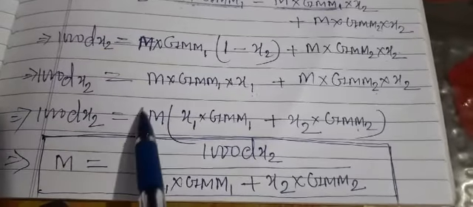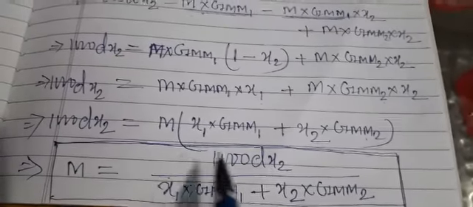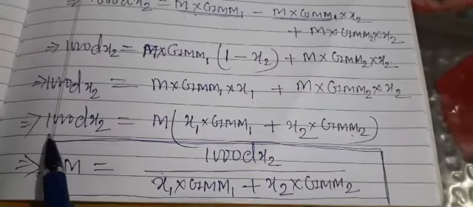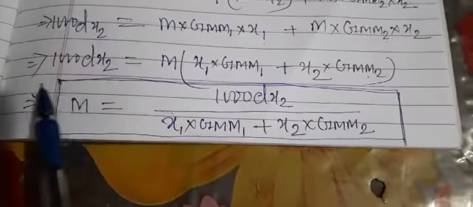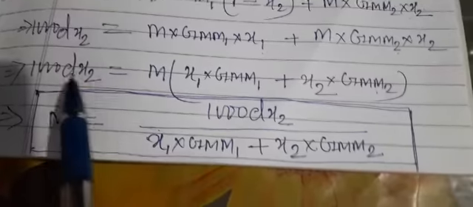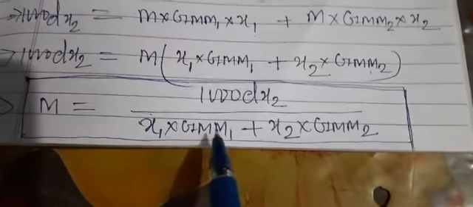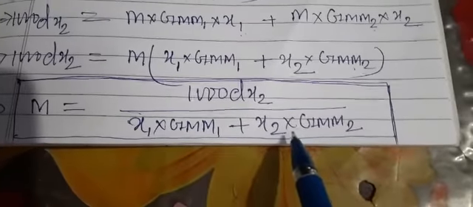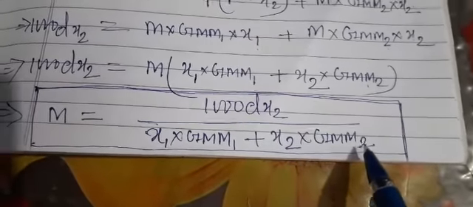So now we will take out this one, M equals, this one will be divided here, crisscross, it will come here at the denominator position. So M equals 1000 dx2 by x1 gm1 plus x2 into gm2.